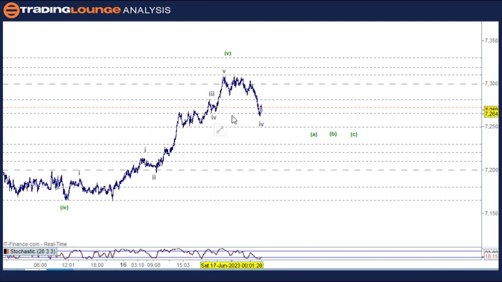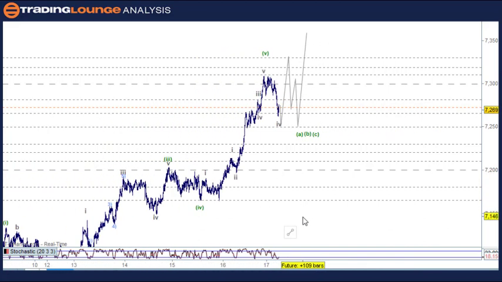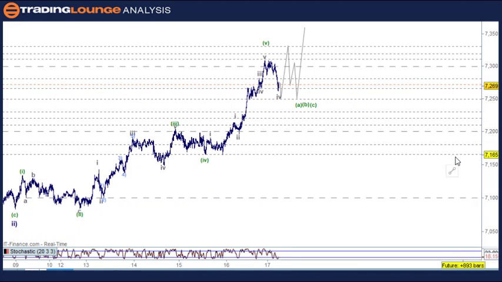I'm not sure about all of that just yet, but even if this is 1, 2, 3, 4, it probably has another one down here. We're looking for something like this here. It's going to take a while before we have that set up, and we could come down lower as well.